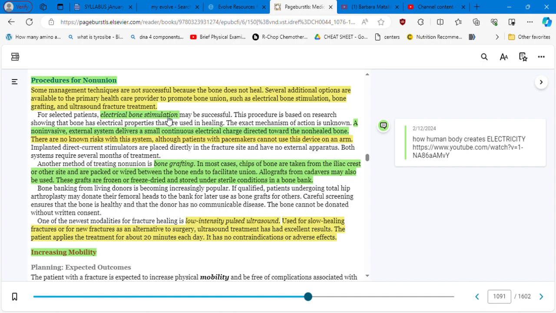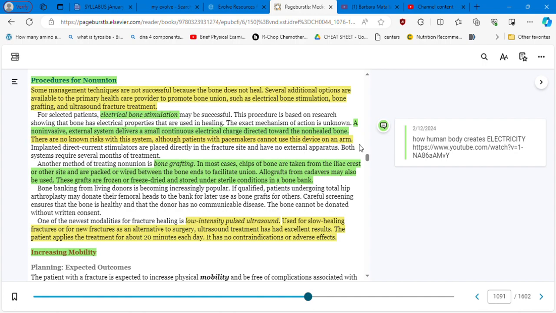Electrical bone stimulation is a non-invasive external system that delivers a small continuous electrical charge directed toward the non-healing bone. There are no known risks with this system, although patients with pacemakers cannot use this device on an arm.